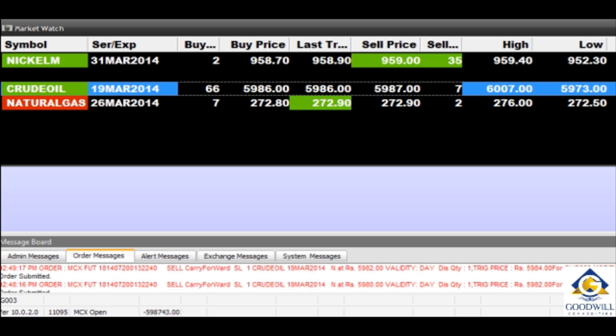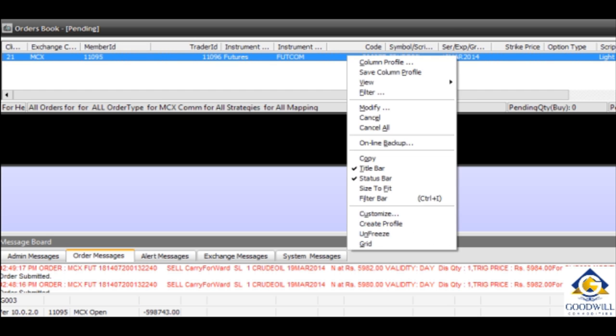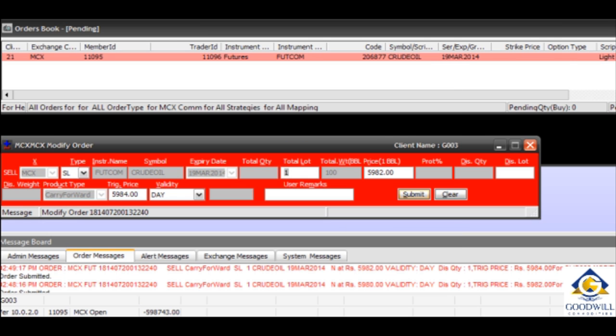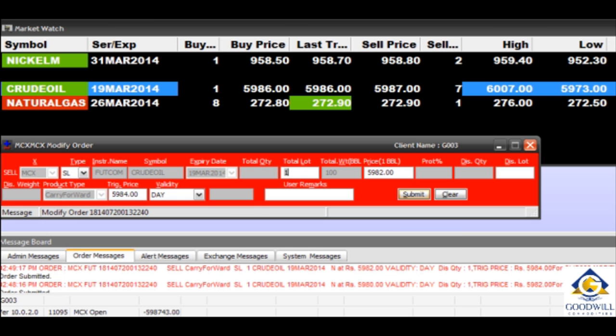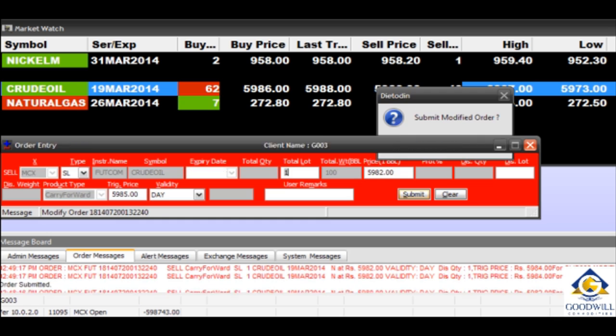I could see the price is moving straight away, so I am going to again modify my stop loss. And I'm going to set a new condition. I am going to wait and see before modifying. Now I am going to change it to 5985.